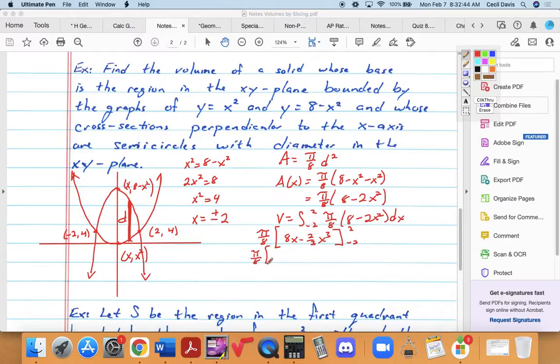So it's pi over 8 times 16 minus 16/3 minus negative 16 plus 16/3. So that's pi over 8 times 32 minus 32/3, which is 4 pi minus 4 pi over 3.